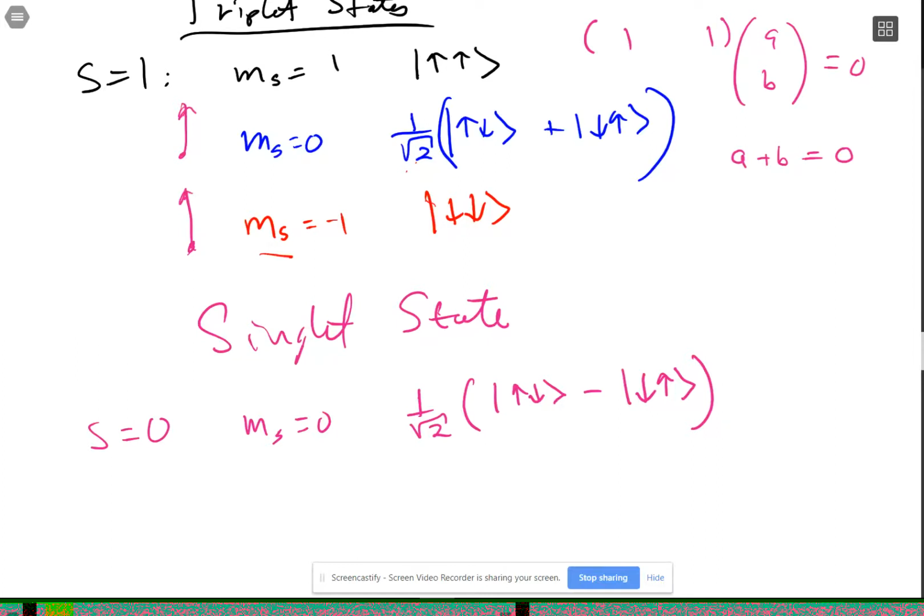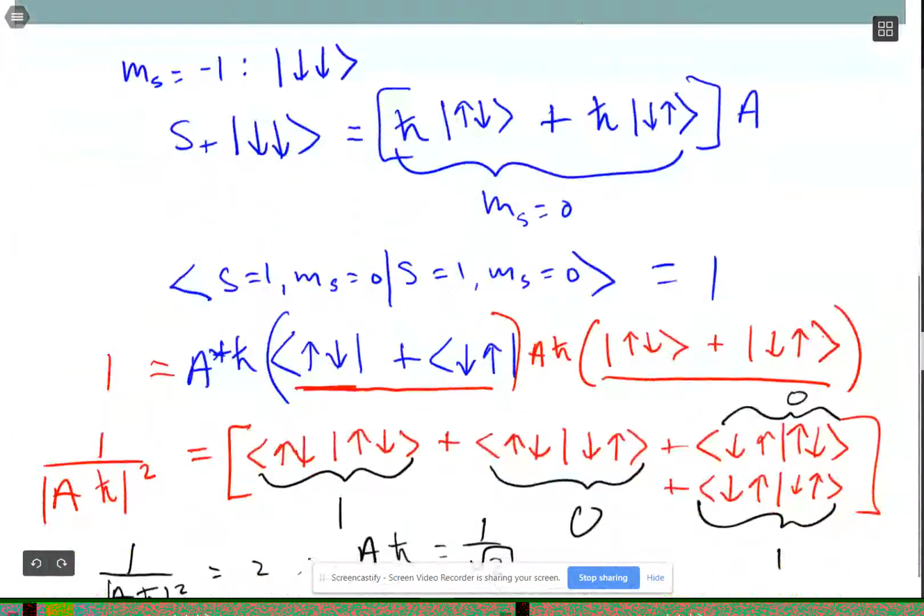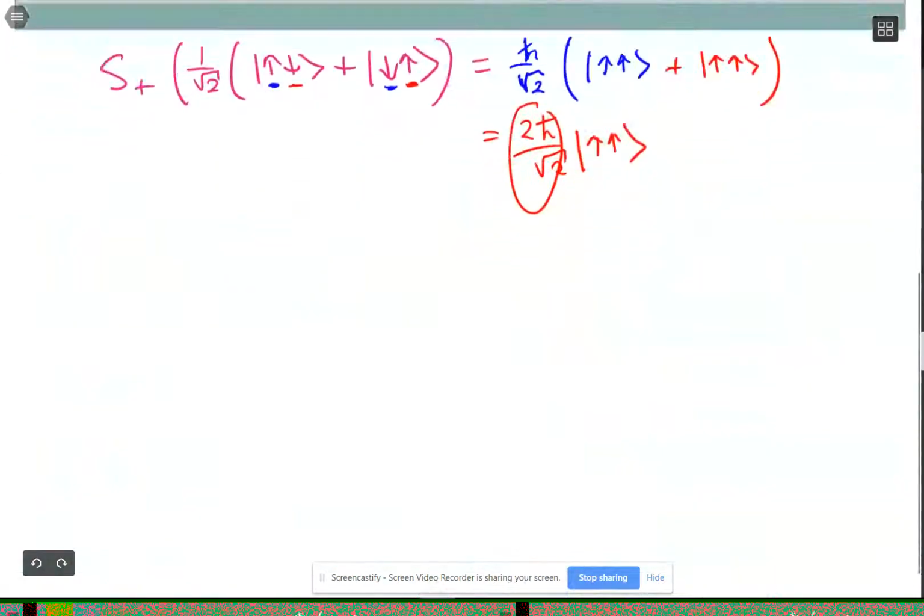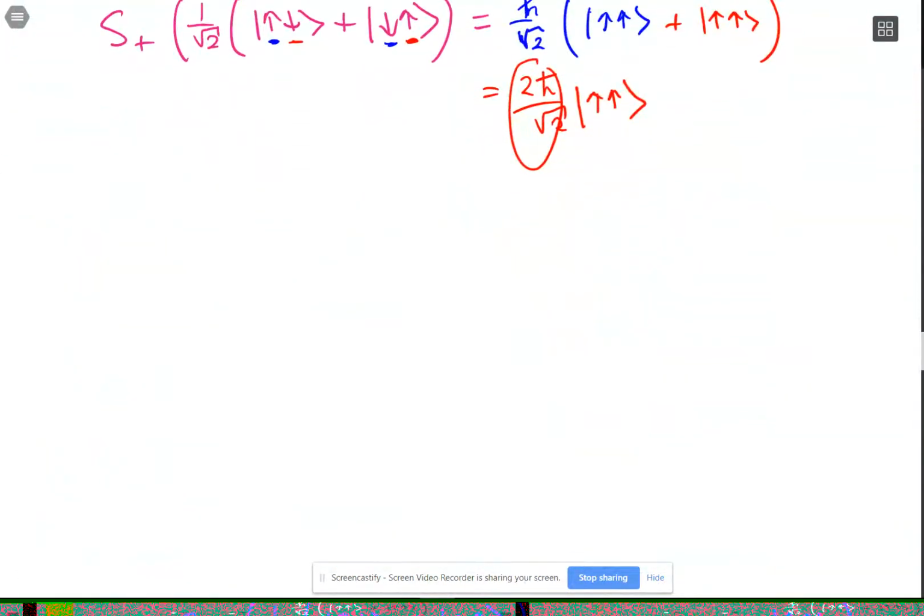Wait, but the normalization constant I'm still stuck on for the second time. Okay, so this here? Yeah. Well, this here is what we get when we have this raising operator. So it's not giving us just the new function. It's giving us the new function with an eigenvalue. And so we need to normalize this new function.